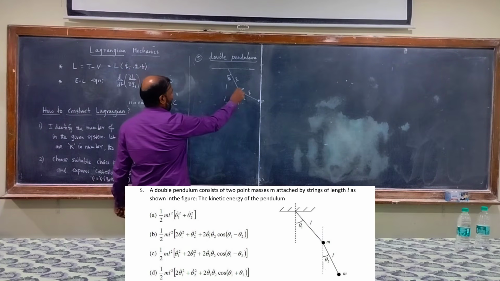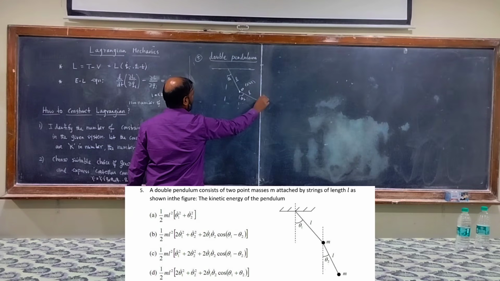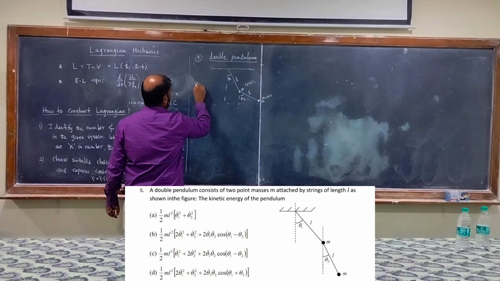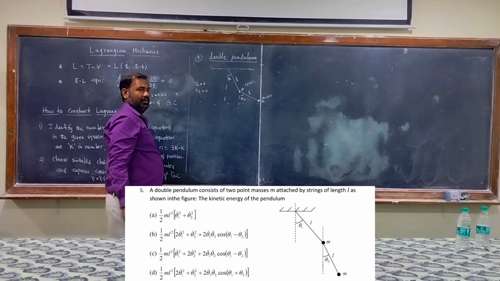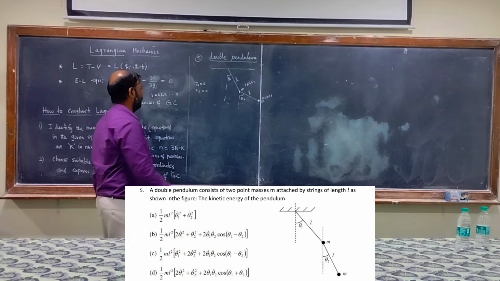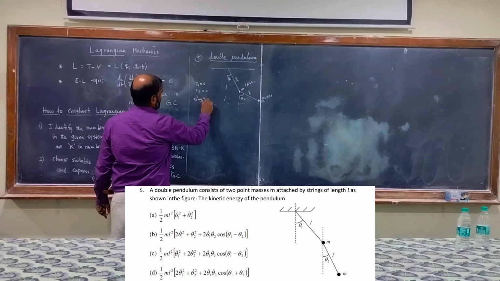Suppose I have x1, y1, z1. So what is the first constraint? z is 0. And x1 square plus y1 square is equal to L square.